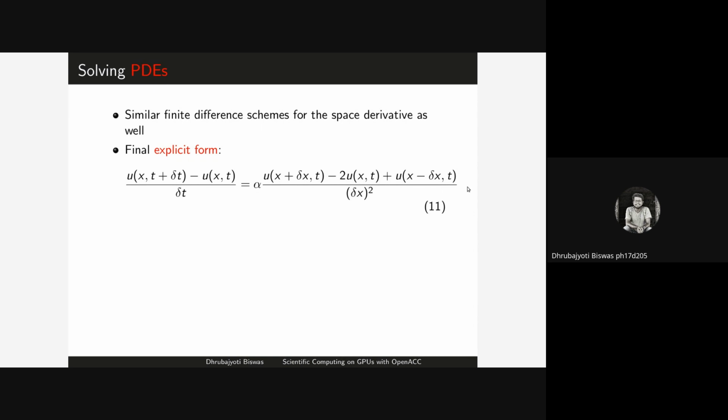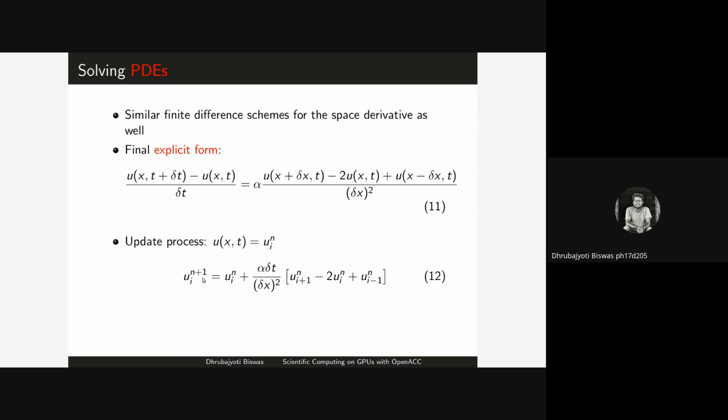So if you now denote u of x comma t, you discretize the x direction using some index i and you discretize the time direction using some index n. So x is i into delta x and t is n into delta t.